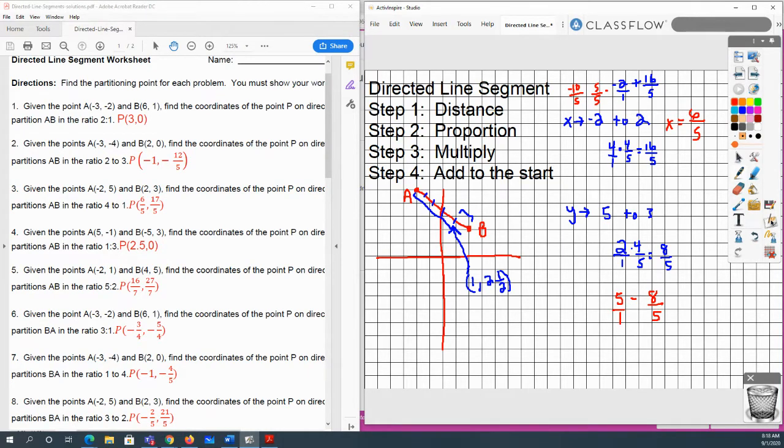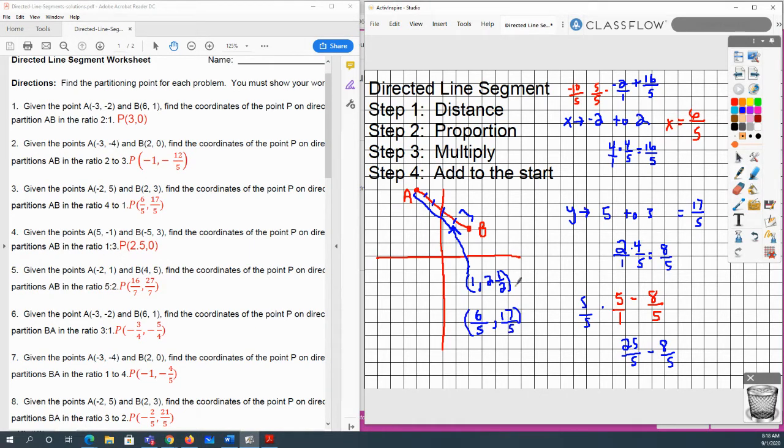And then same idea, least common denominator, all that stuff. So multiply this by what? 5 over 5. So that's going to be 25 over 5 minus 8 over 5. What's 25 minus 8? 17 over 5. So my answer is 6 over 5, comma, 17 over 5.